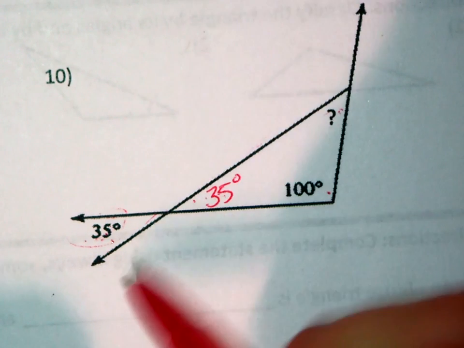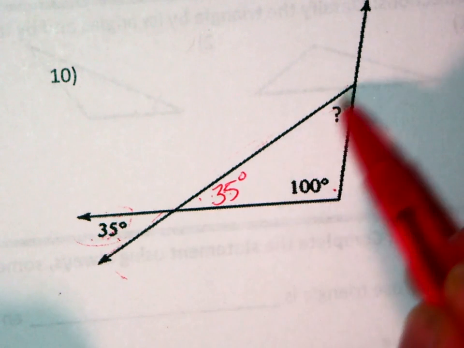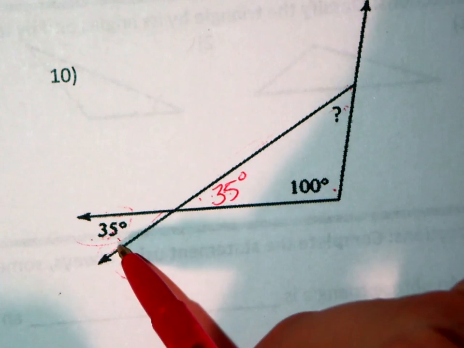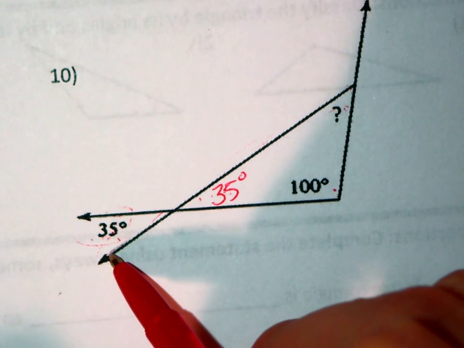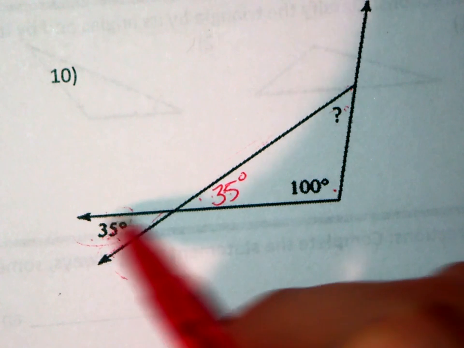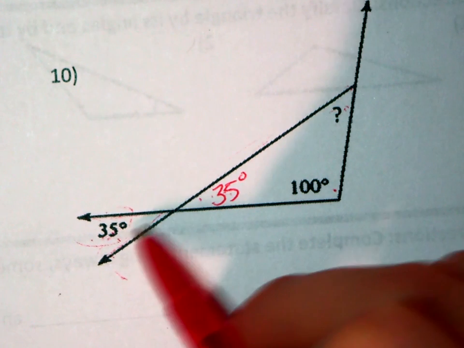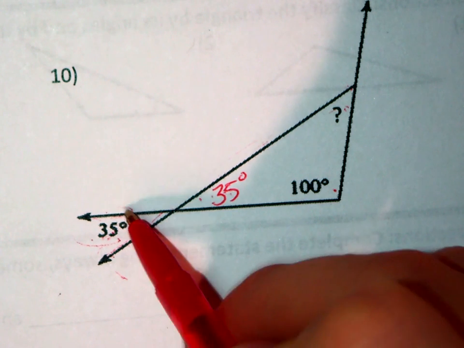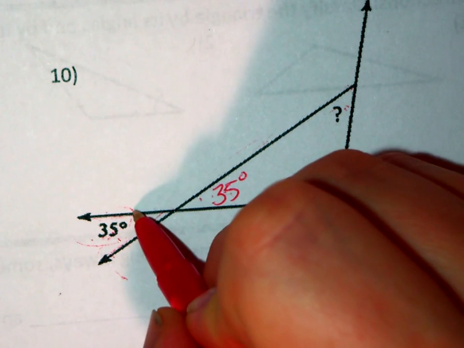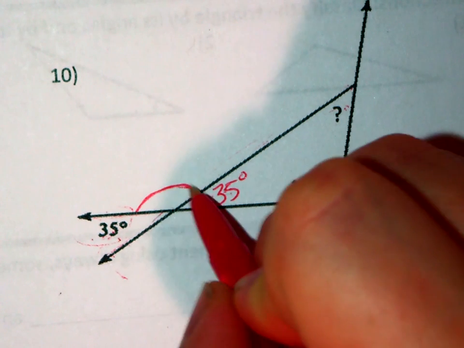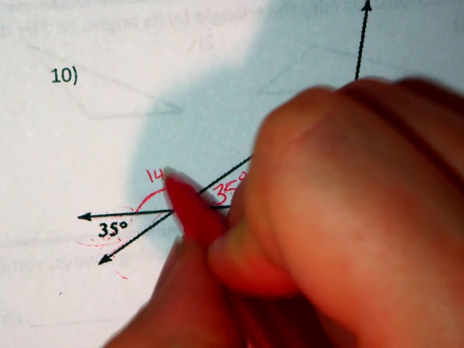Also in class, we discussed that there were alternative ways to finding that measure. If we were to look at just this line here, we would realize that that's a straight line. It has 180 degrees to it. And then this introductory piece off of that line is represented by 35 degrees. So this big angle over here has got to be 145 degrees.